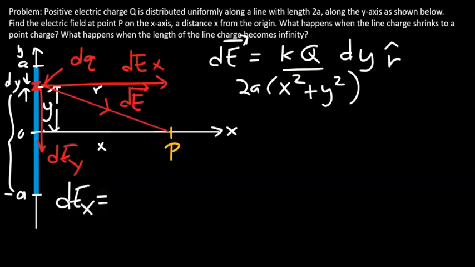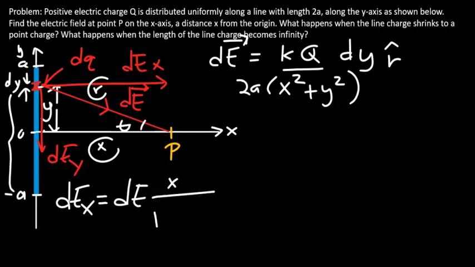dEx is dE times the cosine of that angle, let's call it theta, and cosine theta is just x over r, so x over the square root of x squared plus y squared.